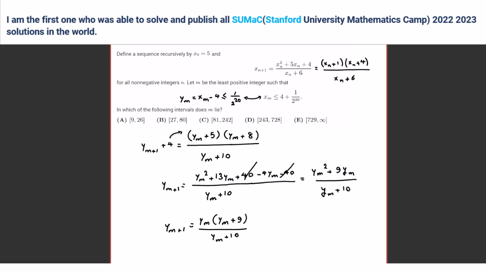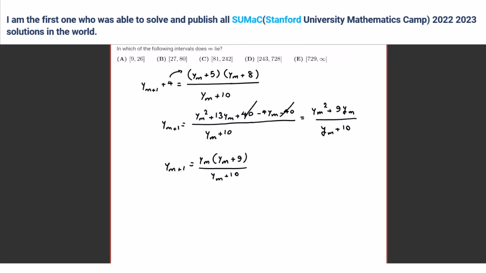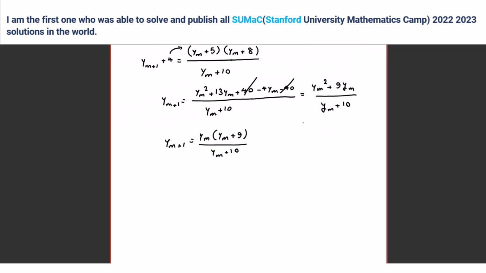Exactly, a small example. So how can we apply a small example here? Just like finding the first terms. Yes, so y_0 is what? 1. And y_1 is what? 10 over 11.